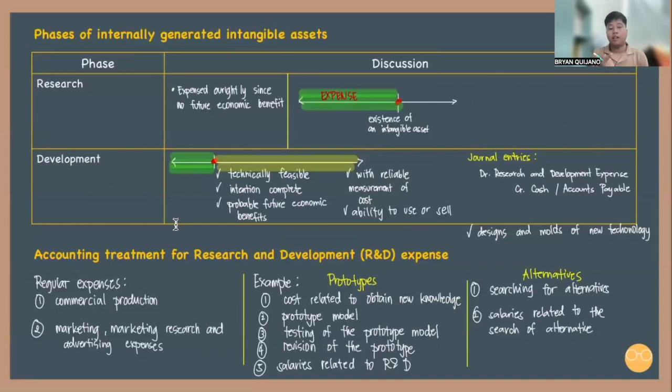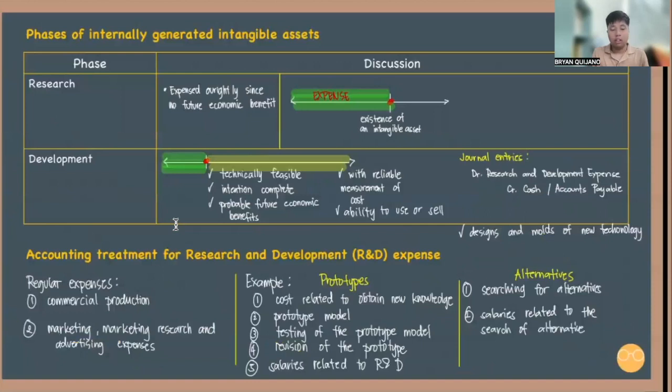Then if you are still formulating the design and the possible alternatives for your final output, then you are considered to be in the research phase. Kindly take note that all of the costs that you incur during the research phase will be expensed outright, since there will be no future economic benefit from here.